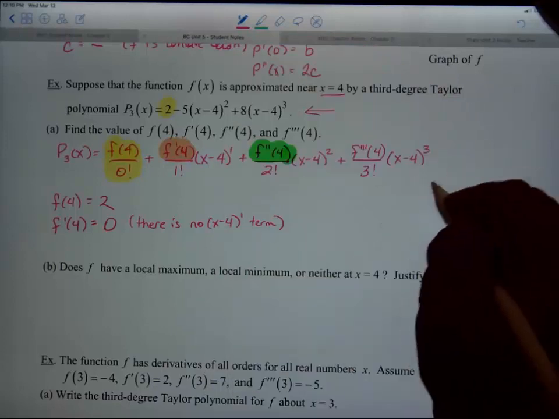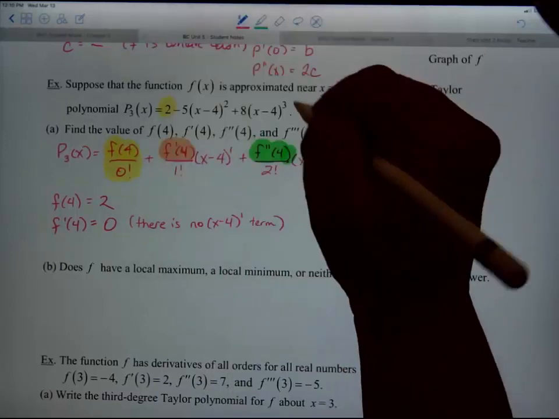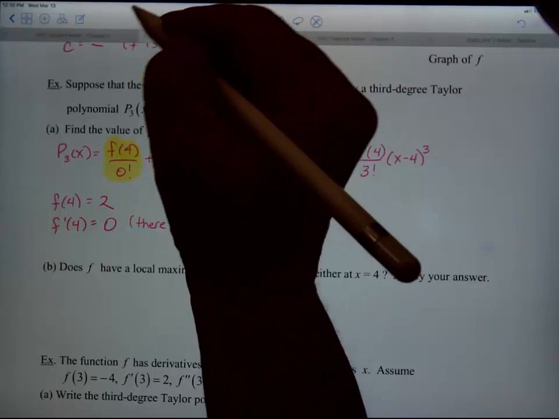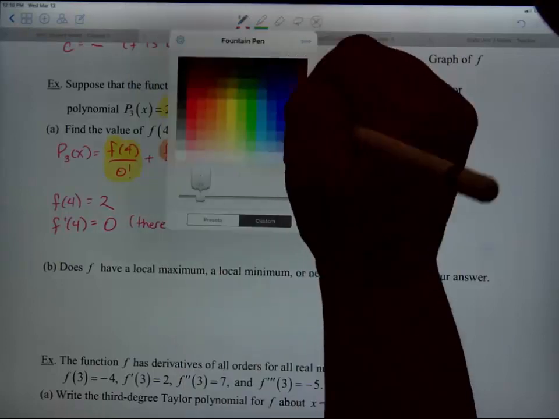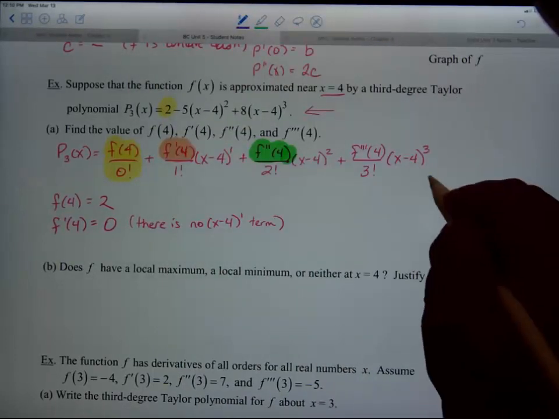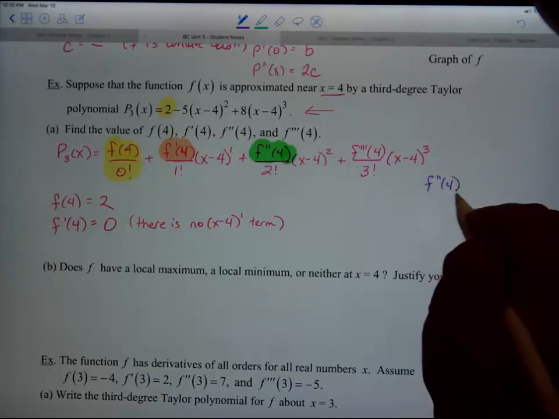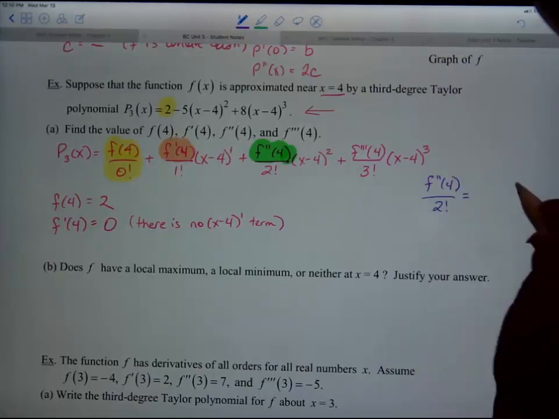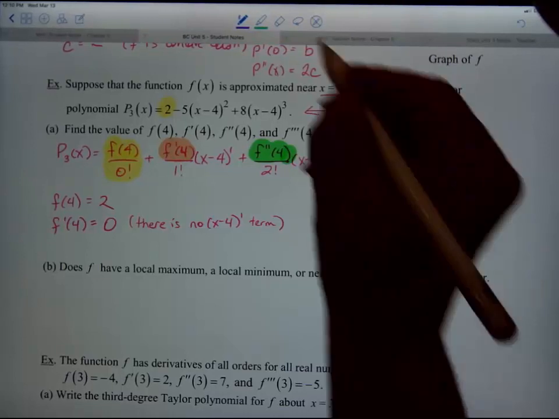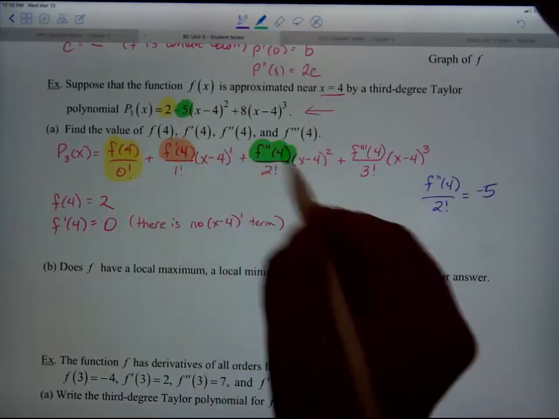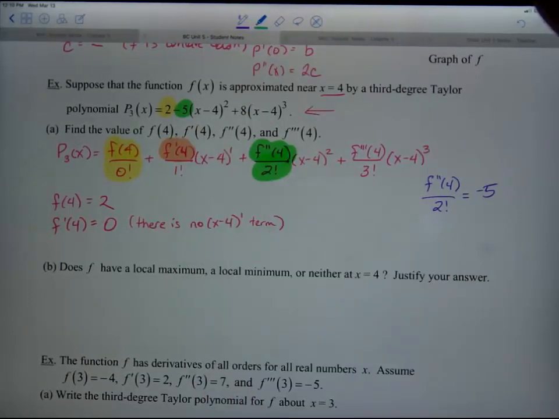So I'm going to come over here and change colors. We're going to say f double prime of 4 over 2 factorial equals -5, because that number and that number are in the same location. Do y'all see what I mean by the same location? They both have the x minus 4 squared on the end of them.